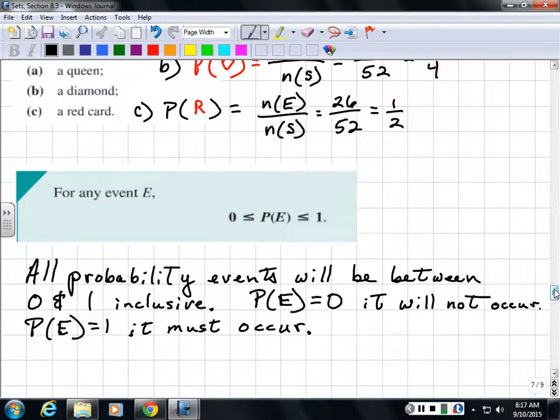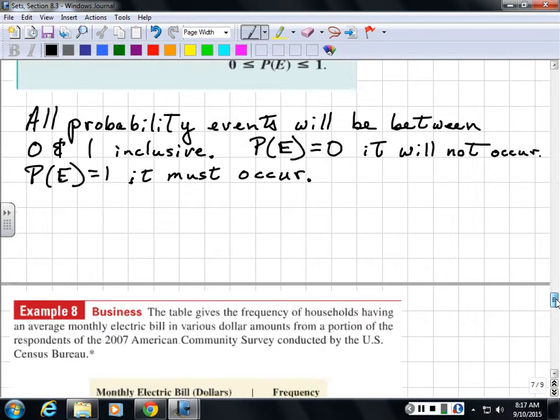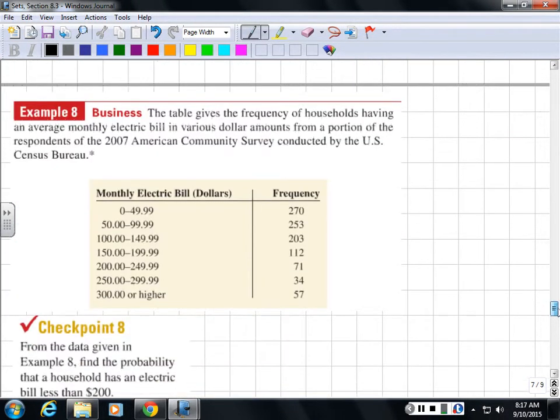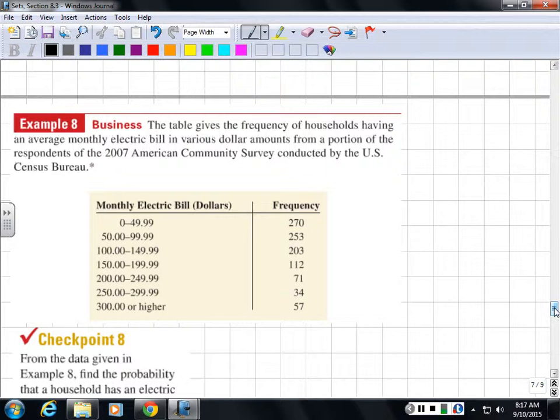Well, it means I can take all this information and I can find probabilities of events occurring. We're going to look at example number 8 here. The table gives a frequency of households having an average monthly electric bill in various dollar amounts from a portion of the respondents of the 2007 American Community Survey conducted by the U.S. Census Bureau.